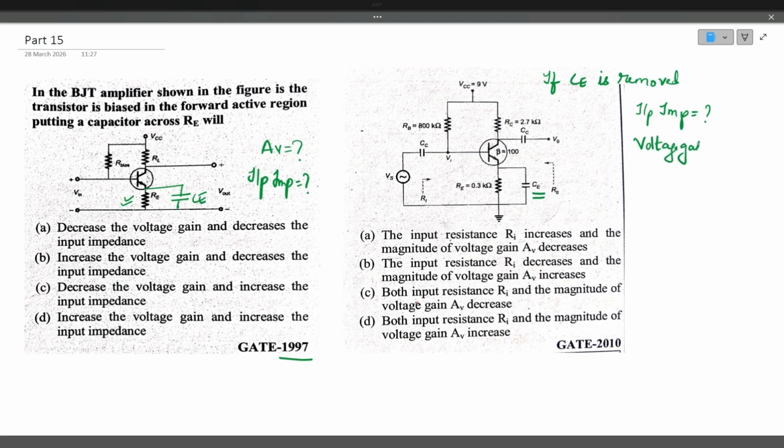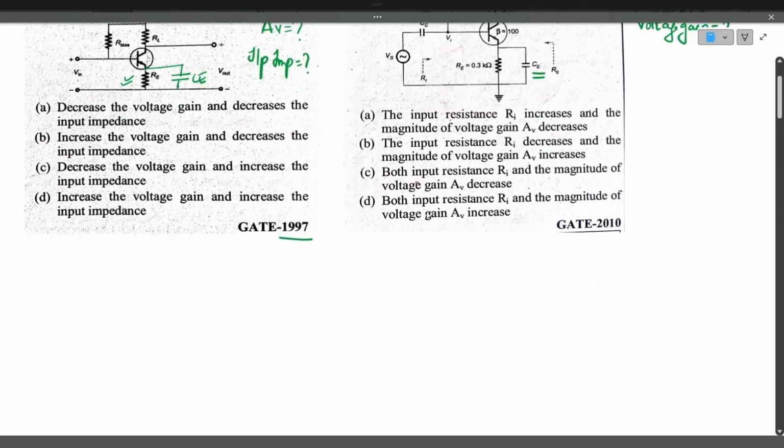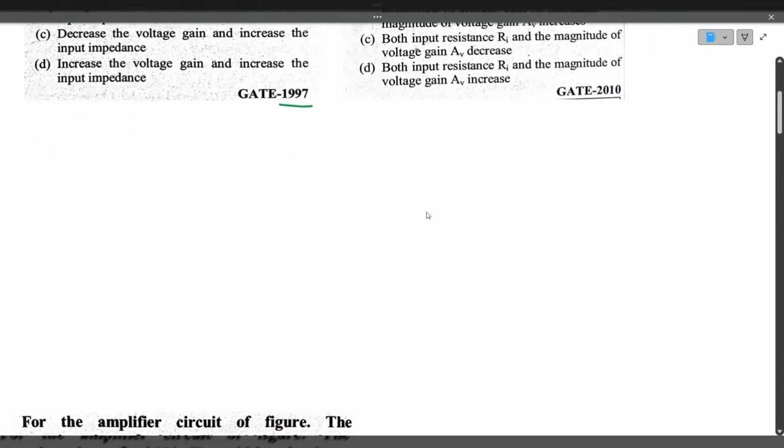So now let's see, these both questions are similar. We'll see the difference. Now we have two cases. One is the circuit with emitter capacitor, the other one is the circuit without emitter capacitor. Now let's draw and check the differences.